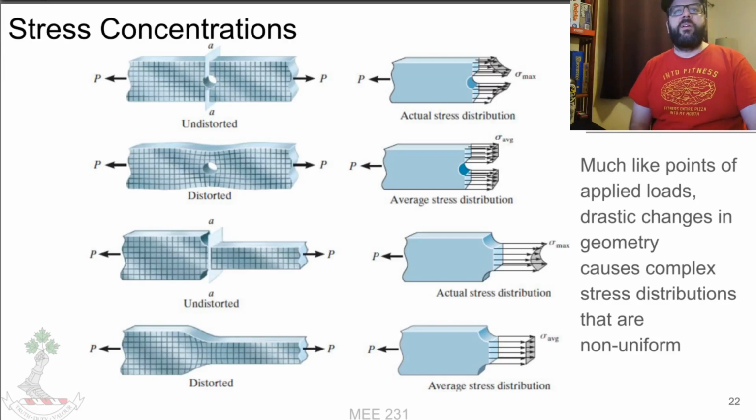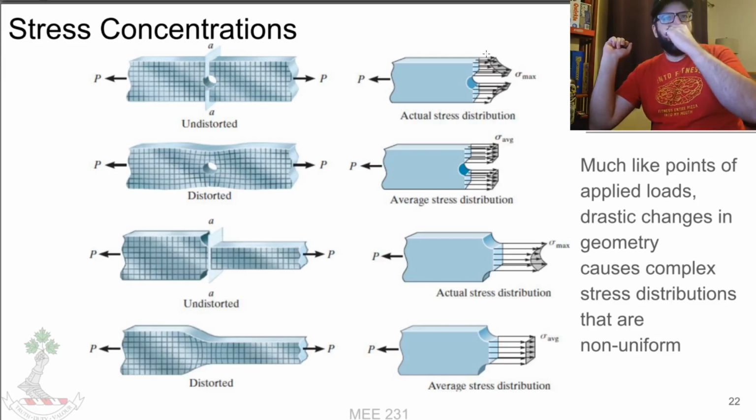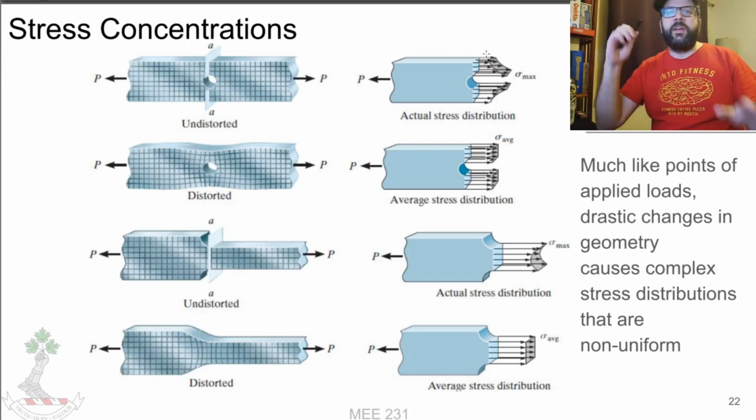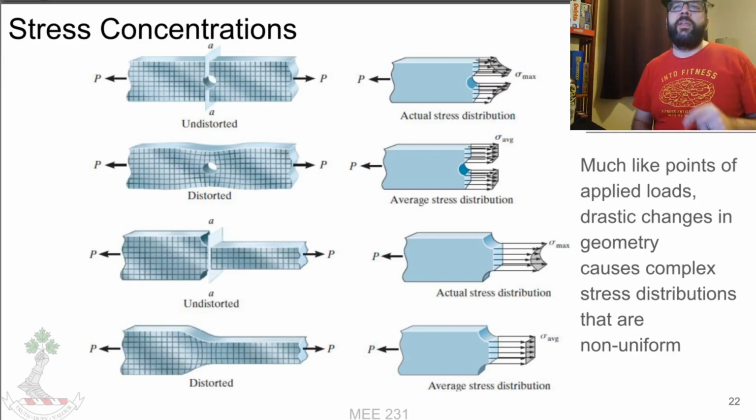So a fine example here would be right by a hole. If you have a hole in the middle of your diagram, then when you're close to it, at the cross section where the hole is, essentially what's going to happen is you get these lines of force that need to curve around the hole, and they get bunched up near the edges of the hole.